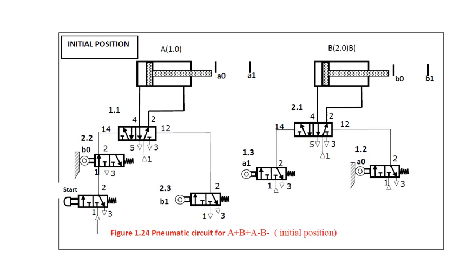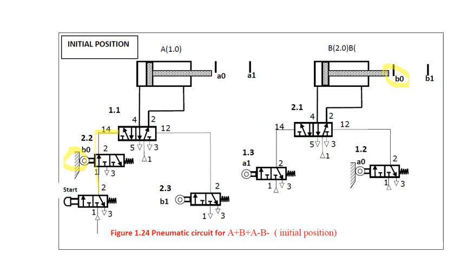So the initial condition you can see here, you have a start button. From the start button, initially see here, cylinder B is under the retract condition, so the B naught signal is already generated, so that will give a signal to the memory valve, but when you press the start button, then only it will give a signal to 14, which is already open.